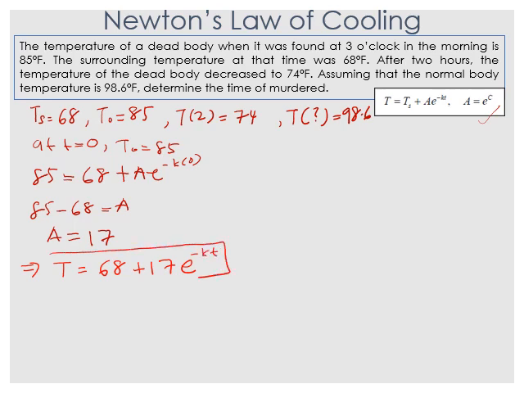So this is the equation. Now our problem is the k. We don't want the k; we only want the capital T and the small t in the equation.